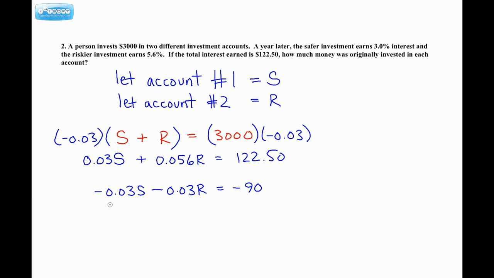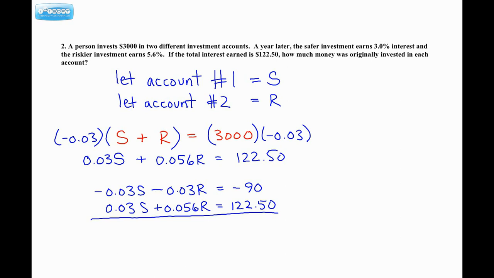And then the second equation is 0.03 S plus 0.056 R, and that is still equal to 122.50. So now we can add them together, and the S's will be eliminated because these coefficients are equal by size and opposite in sign. So if you add these together going down, you get 0.